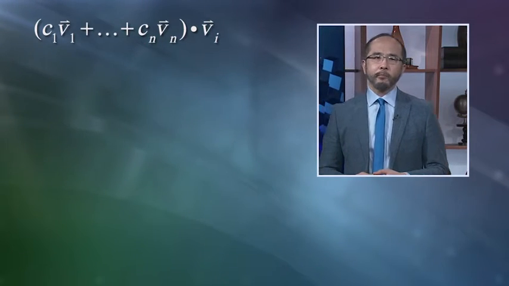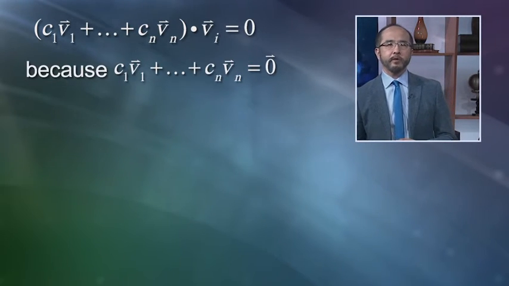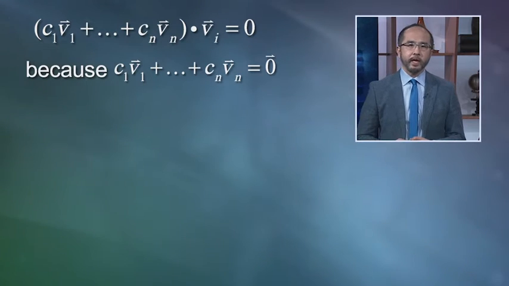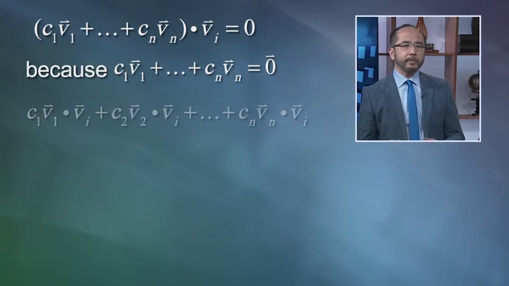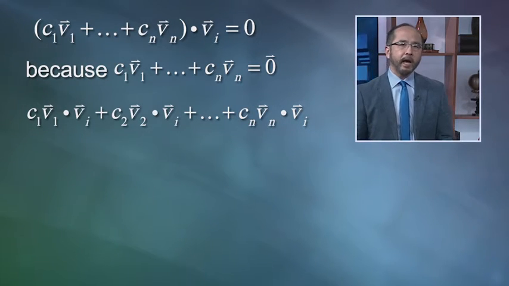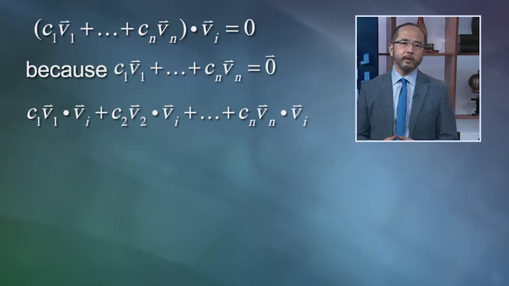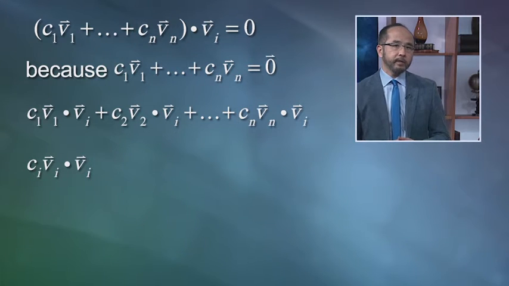On one hand, this dot product must be 0 because we assumed the linear combination c1v1 through cnvn equaled the zero vector. On the other hand, if you distribute the dot product, all the terms vanish because vi and vj are perpendicular. The only term that survives is the term ci times vi dot vi.